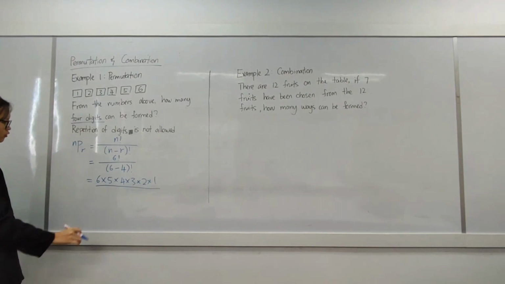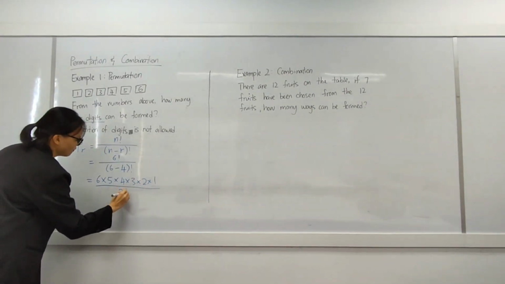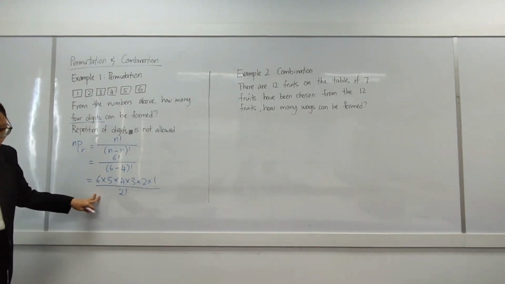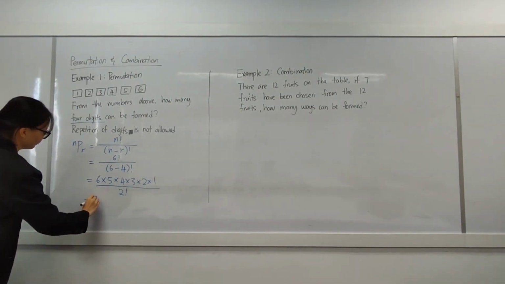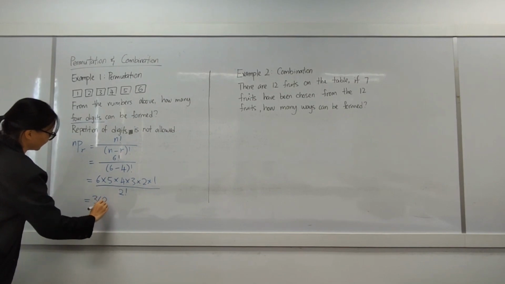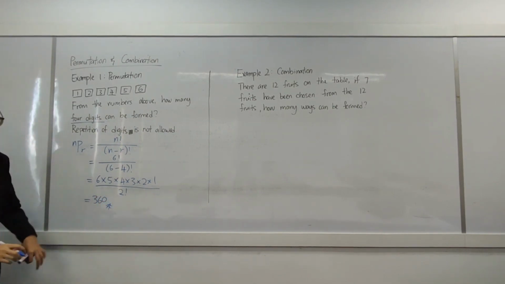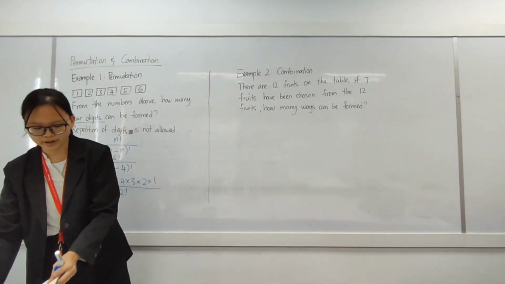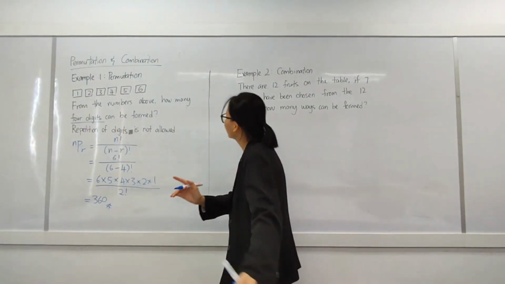So 6 minus 4 equals 2 factorial. So the answer will be 360. That is the permutation example, and then we'll move to the combination example.